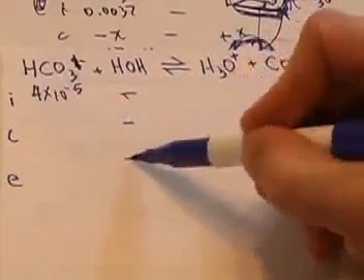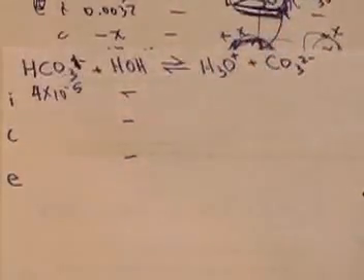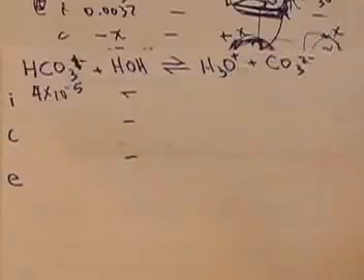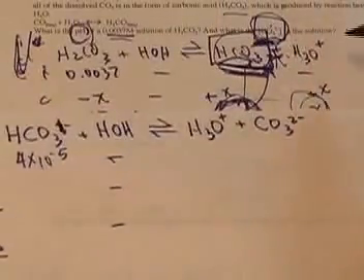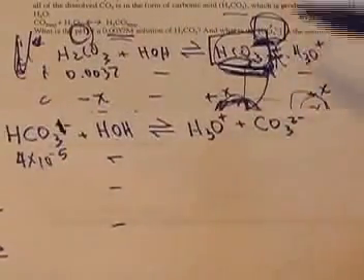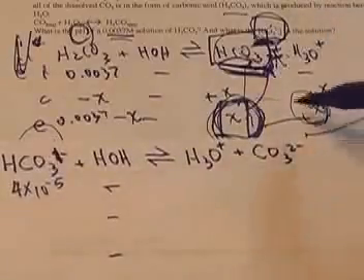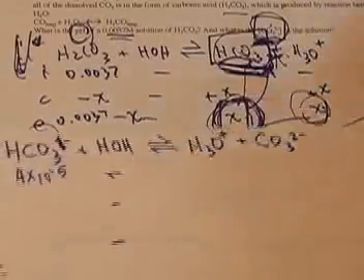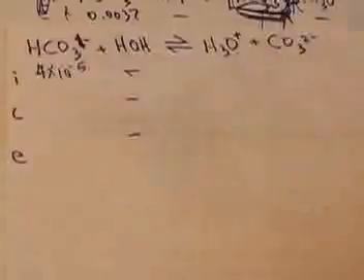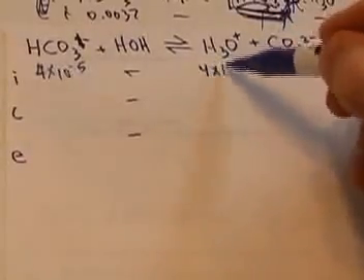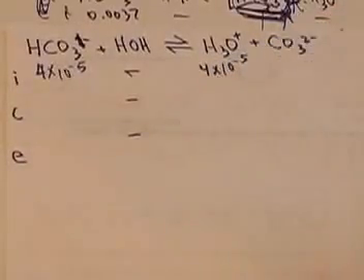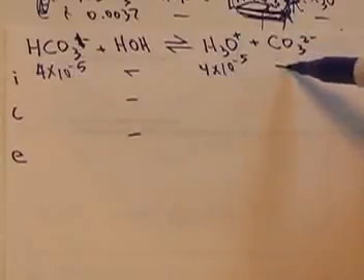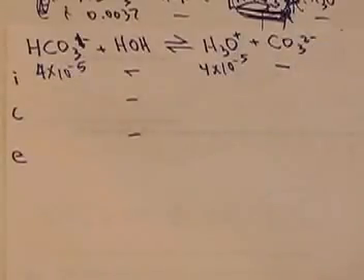Water I can ignore because remember it's a pure liquid and won't be in the equilibrium constant expression. H3O plus, remember I've got a bunch of that from this equation up here already. As a matter of fact, it was the same amount as the HCO3 minus. And so I'm starting with 4 times 10 to the negative 5th already in the solution of H3O plus. CO3 2 minus, there isn't any of that, so I'm starting with 0 of that.